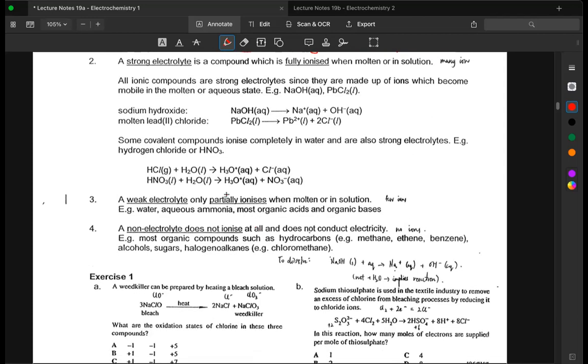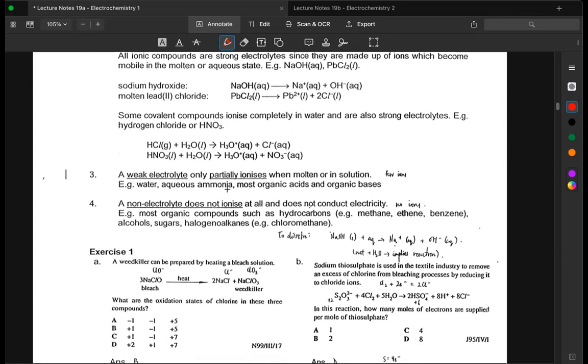And there are some exceptional cases like covalent compounds that actually do ionize, like your acids, HCl or HNO3. They ionize in water completely to form ions, which explains why acid can be a strong electrolyte, especially the strong acids. Weak acids or weak alkalis will act as weak electrolytes because they only partially ionize.